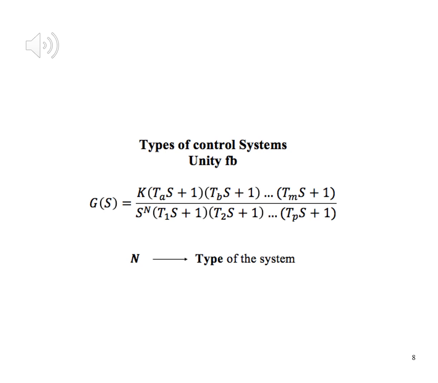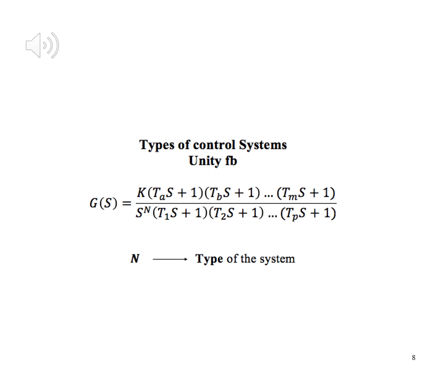Now, what if we have 0 poles? Remember, what is a pole of a function? It is the value of s where the function goes to infinity, meaning the denominator equals 0. When I say 0 pole, I mean s equals 0. So here we may have 0 poles.